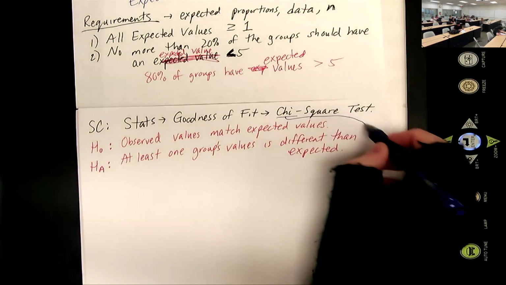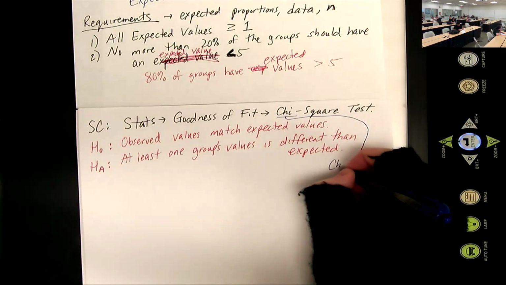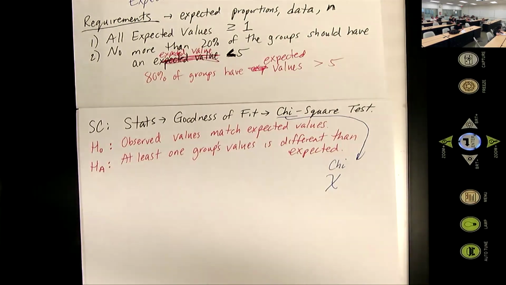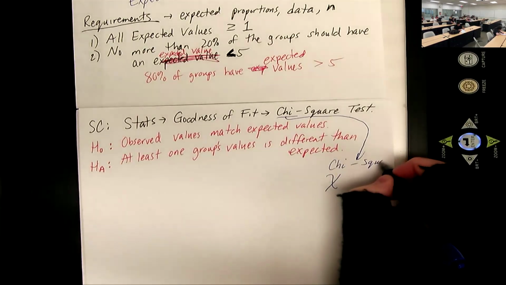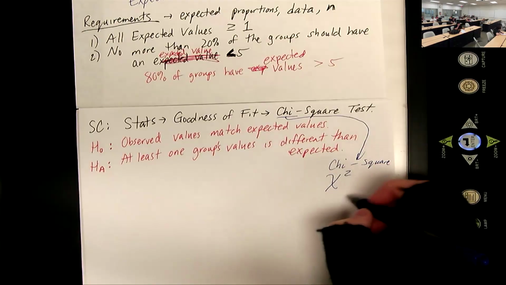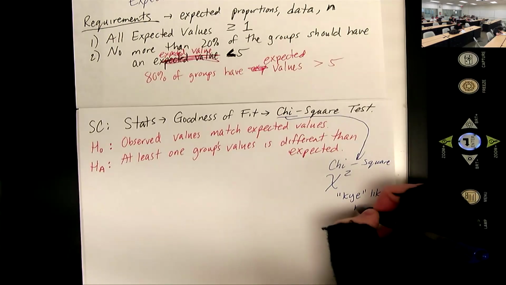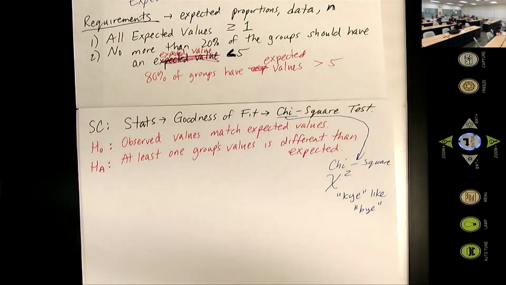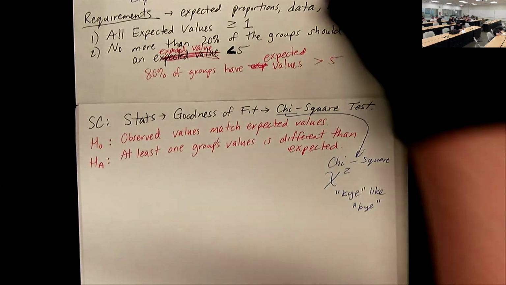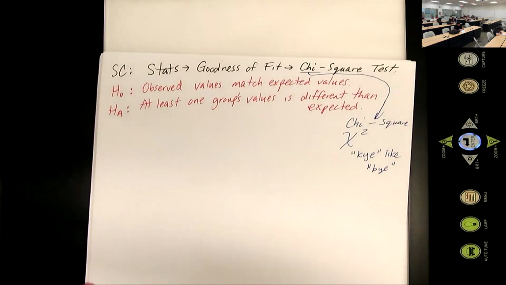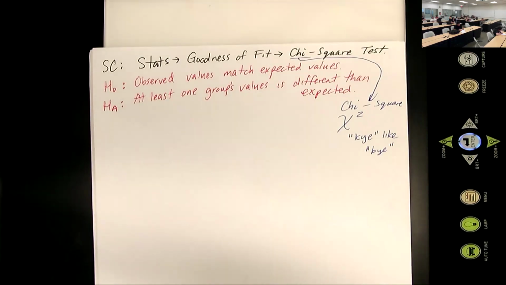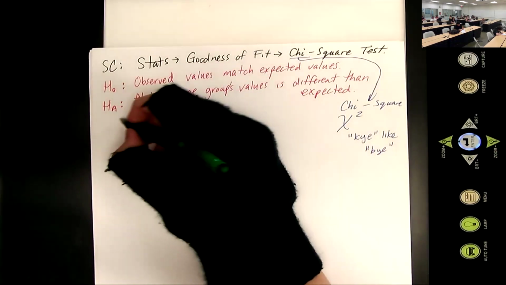That chi there. Chi is the Greek letter. It looks like a giant capital X. So chi-square is when we square it. And it's pronounced like chi, like bye, like bye-bye. This is not a symmetrical distribution.